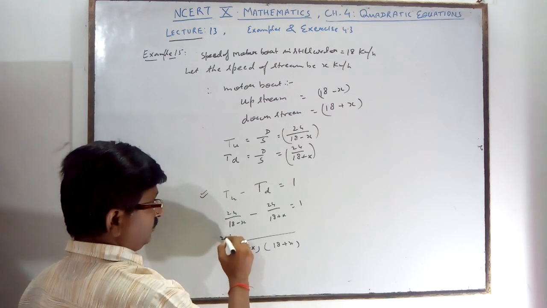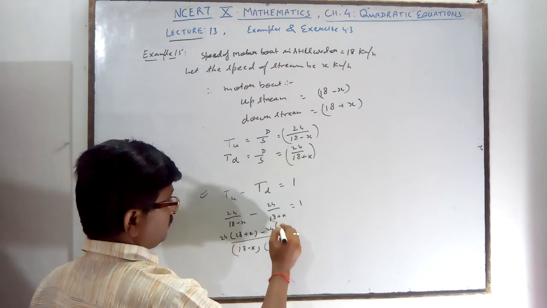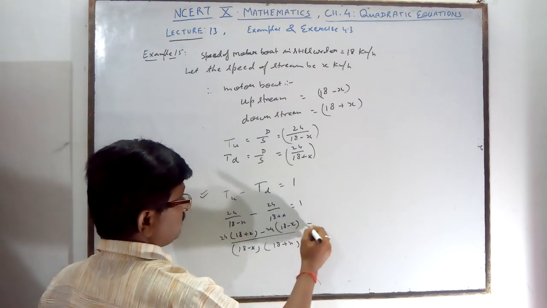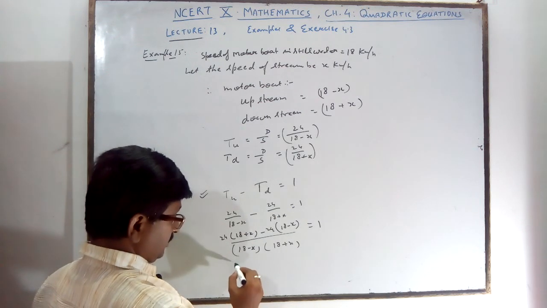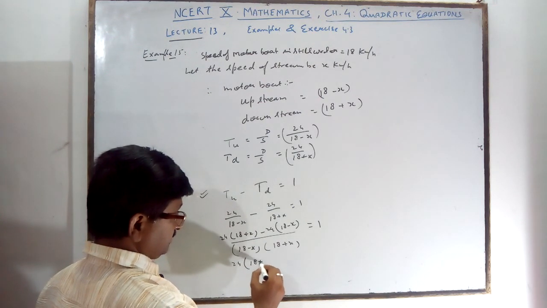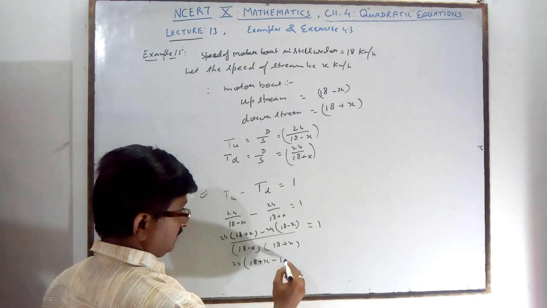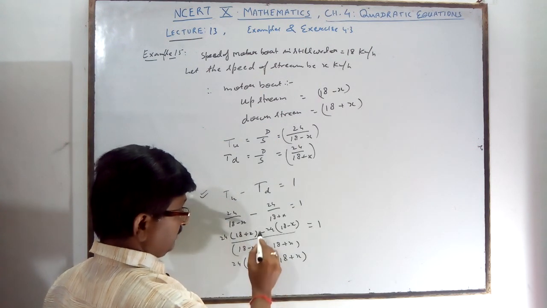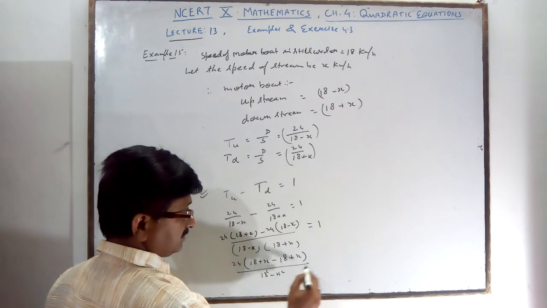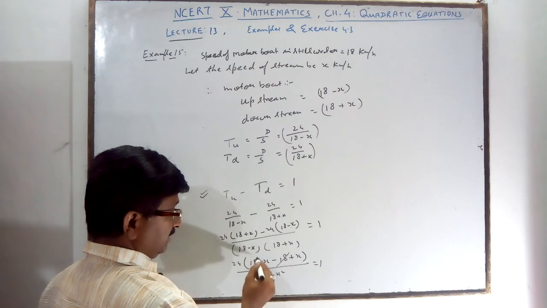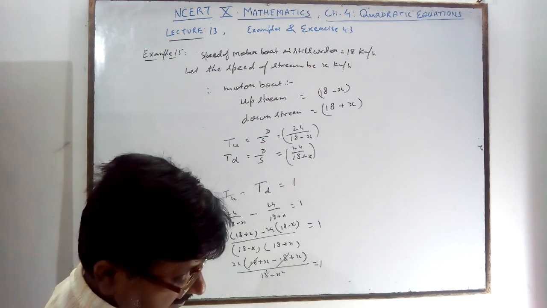You get 24 in bracket 18 plus x minus 24 in bracket 18 minus x upon 18 square minus x square is equal to 1. Taking 24 common, open the bracket, minus minus plus, and 18 and 18 cancel, so 24 into 2x, you will get 48x.